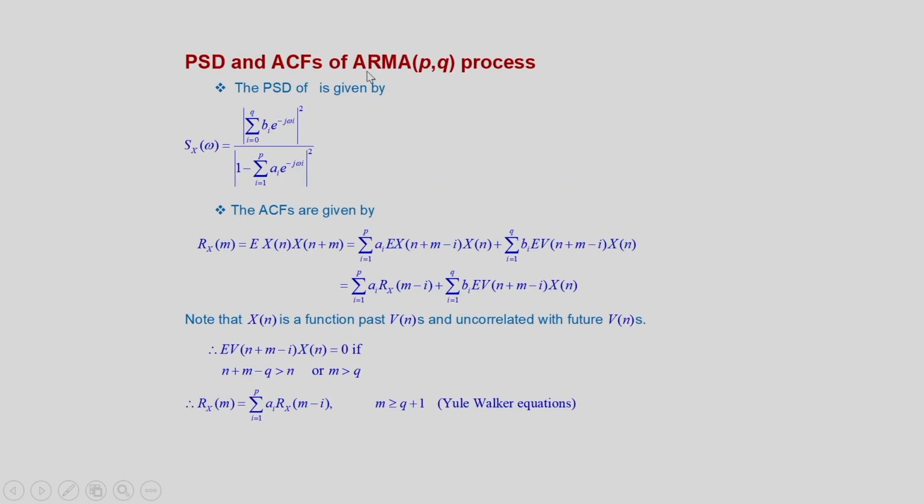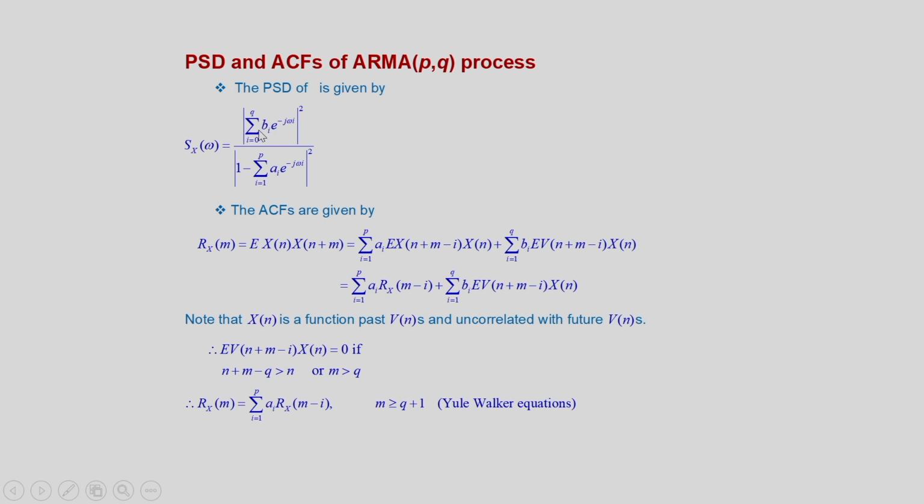PSD and ACF of the ARMA(p,q) process. The PSD is given by S_x(omega), which is equal to the mod of the numerator term squared divided by the mod of the denominator term squared.